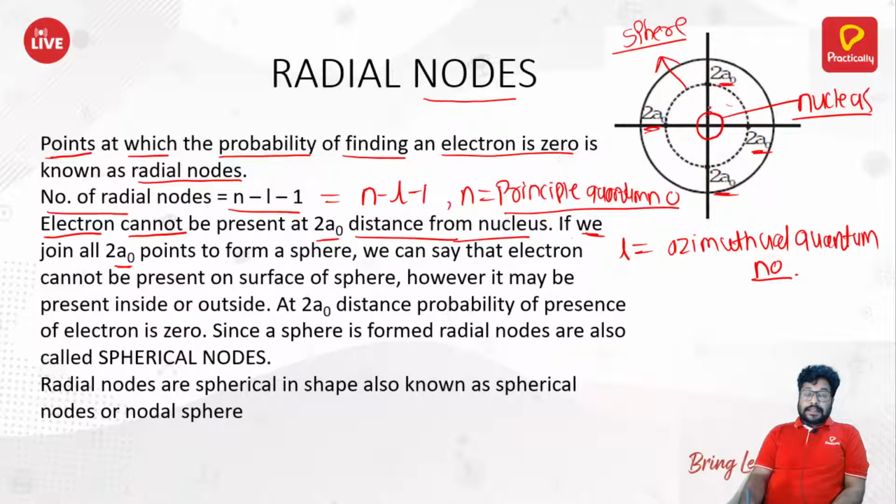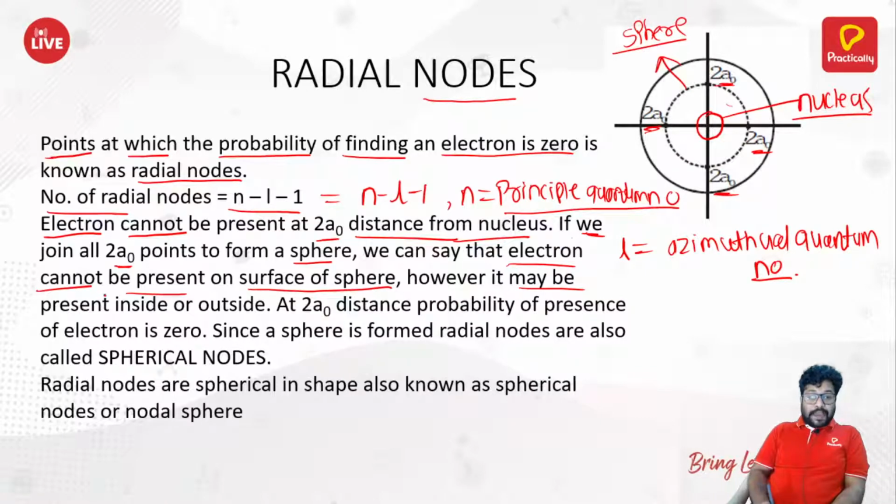That is why this radial node is also called the spherical node. If we join all the 2a0 points to form a sphere, we can see that electrons cannot be present on the surface of the sphere.